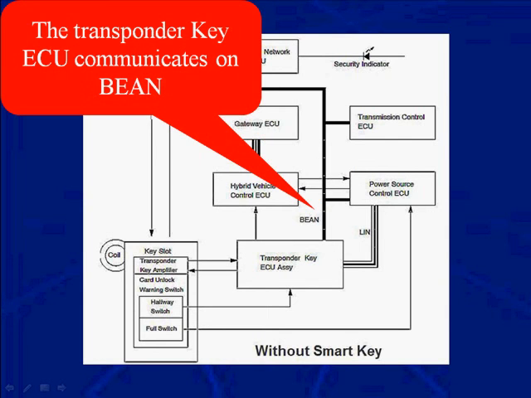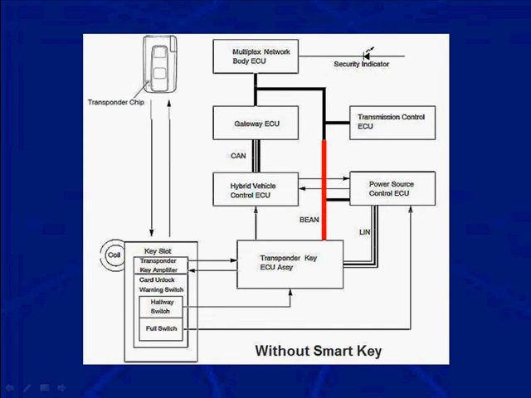The transponder key ECU communicates on the BEAN network. And you can see that the power source ECU, the transmission control ECU, multiplex network for the body ECU, and the gateway ECU are on the BEAN network. So when the key is inserted into the slot fully, the transponder key ECU tells everybody on the BEAN network to wake up.